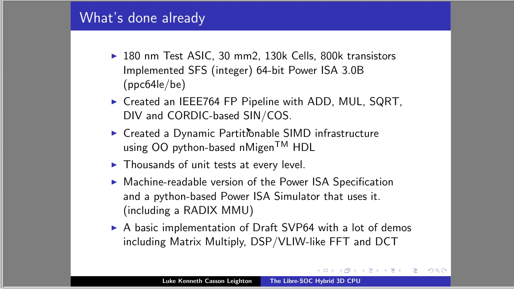So what we've got already is we put together something we called Test Issuer. It was done very, very quickly with implementations of pipelined instructions divided cleanly according to their register profiles.